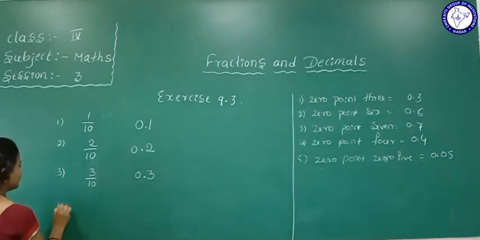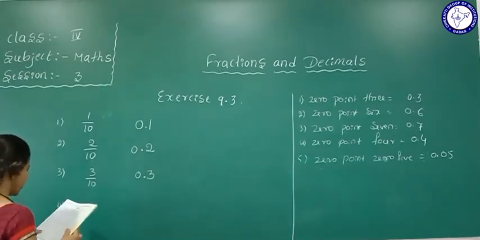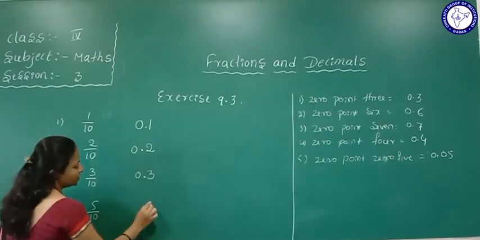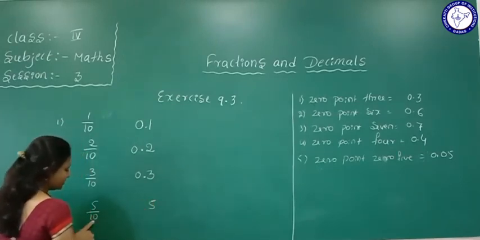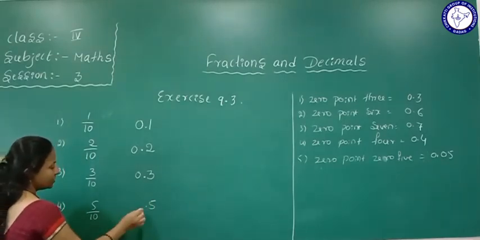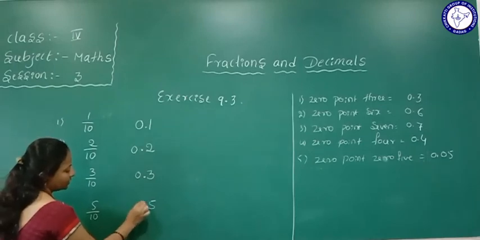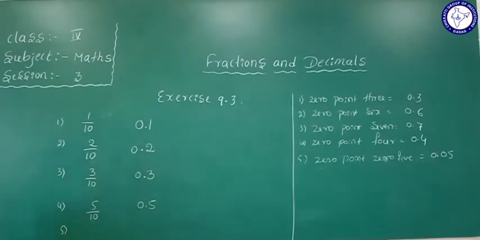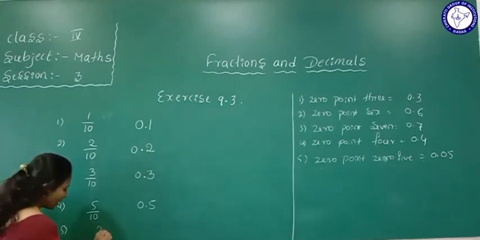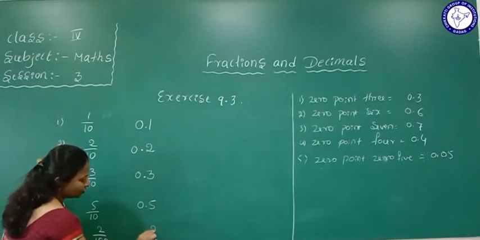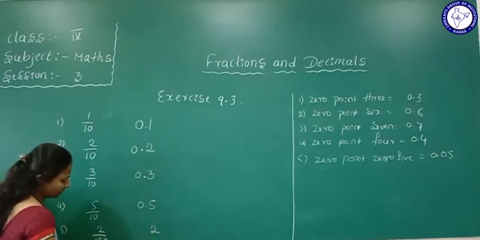Okay, next one, fourth one, 5 by 10. Okay, see here, numerator 5, first you write it, see the zeros, 1, after 1 digit we give the point and write 0.5. Fifth one, 2 by 100. Okay, so here see, first write the 2. How many zeros are there here? 2.